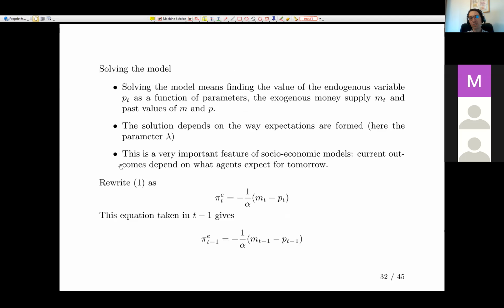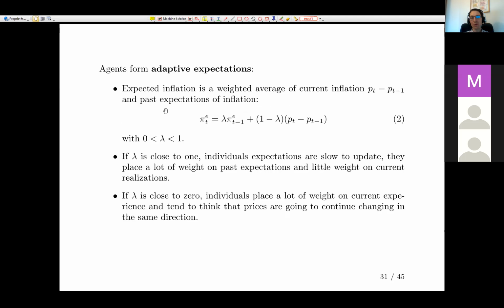One thing that we do change is the way we form expectations. Here we have adaptive expectations, but one thing that is much more popular in today's models is rational expectations. By rational expectations, we say that people know for sure what is going to be the inflation tomorrow, so we cannot fool them in any way. But that is something you're going to see in your next macroeconomics class.